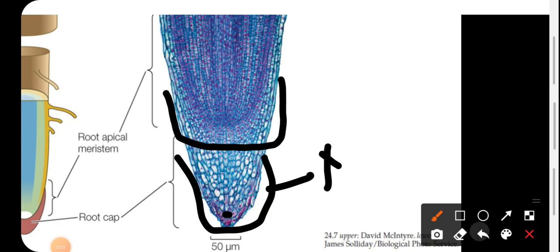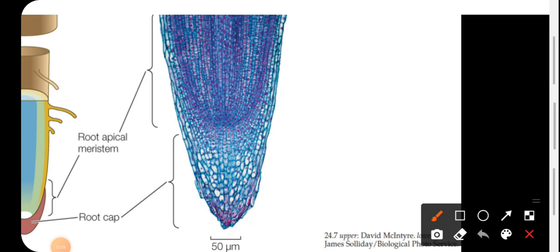This mucilage substance provides lubrication to the root tip when it moves forward in the soil. When the root moves inside the soil, it gives lubrication to the root tips.